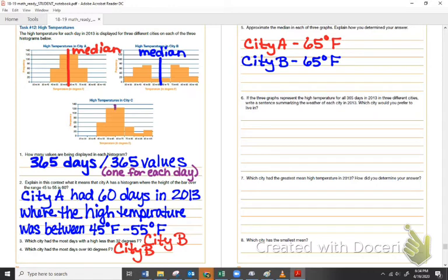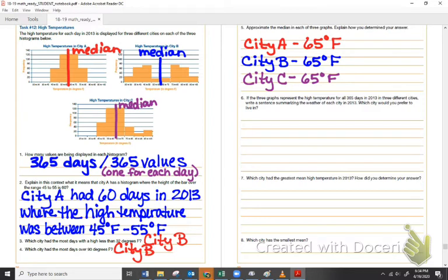Or yeah, right here. It's probably going to be just a little bit over, but that's still just approximately 65 degrees. Again, with City C, we had to do some approximation. I can't find the exact median unless I have the raw data, but I can approximate that it is close to 65 degrees. So it turns out that all three cities, City A, City B, City C, all have approximately the same median.